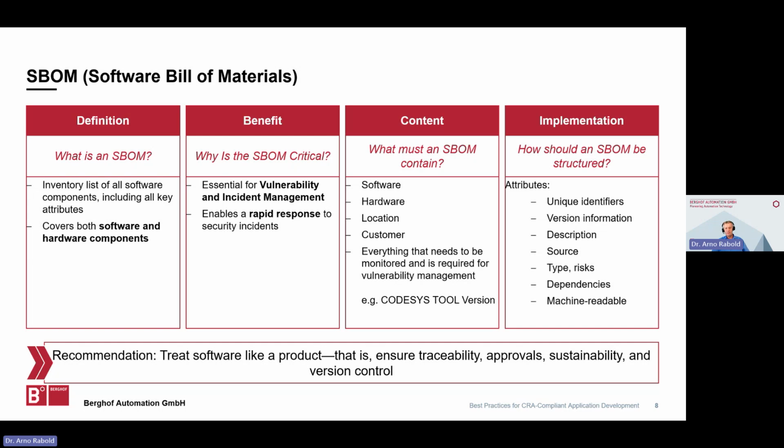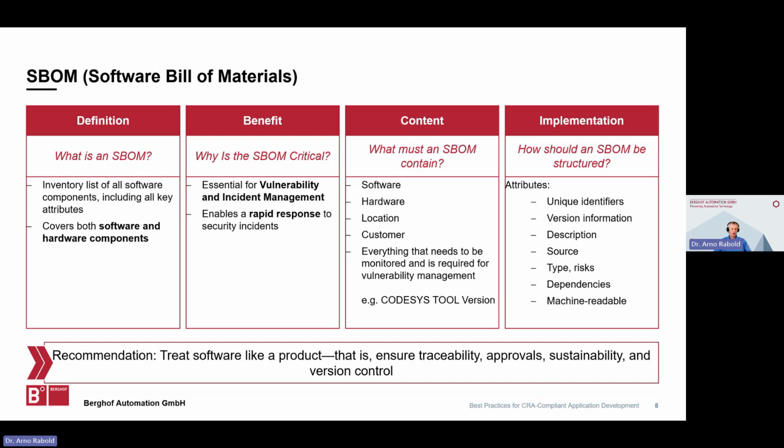So how should the SBOM be structured? You need unique identifiers, version information, description, source, type, risks, dependencies, and it should also be machine readable. If you look at this, it's really clear that software is not something like it used to be.